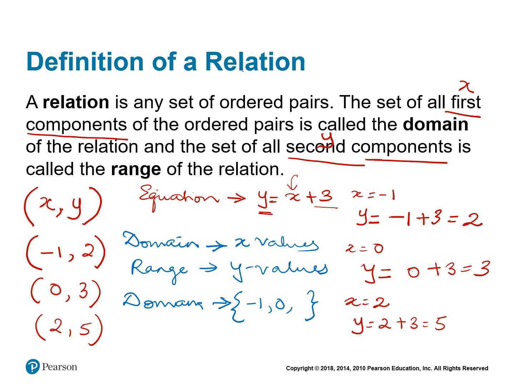Those are your domain values, your x values, and your range values would be 2, 3, and 5. All your y values.